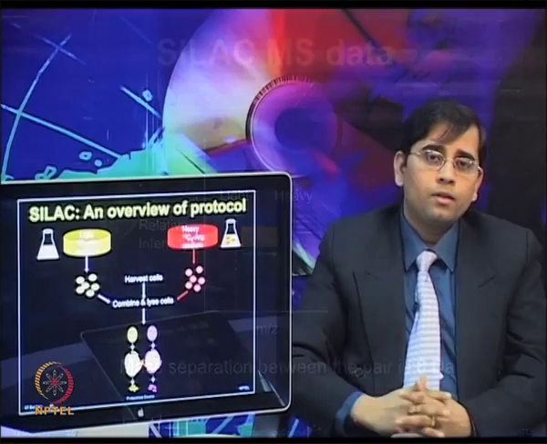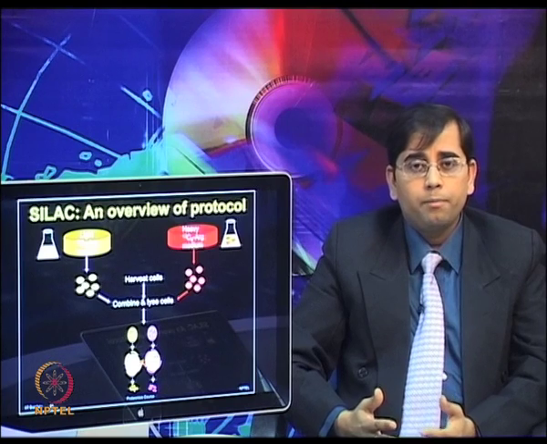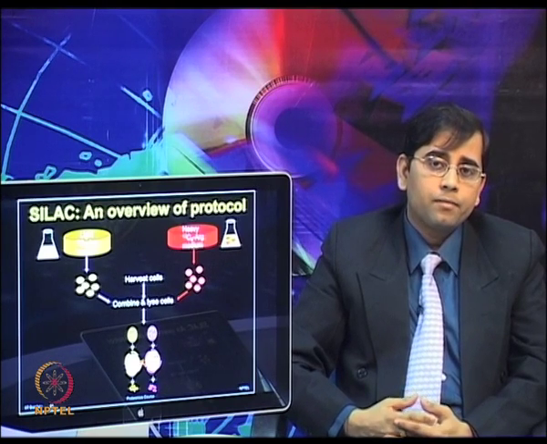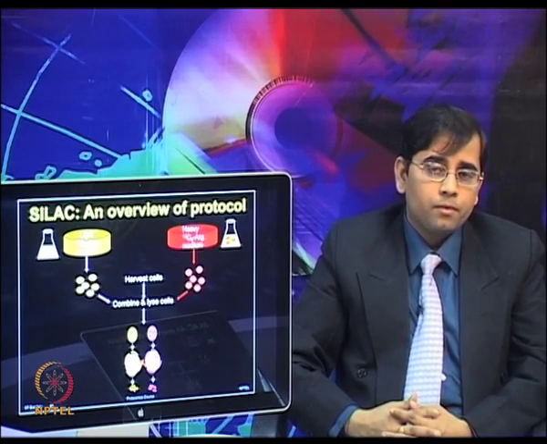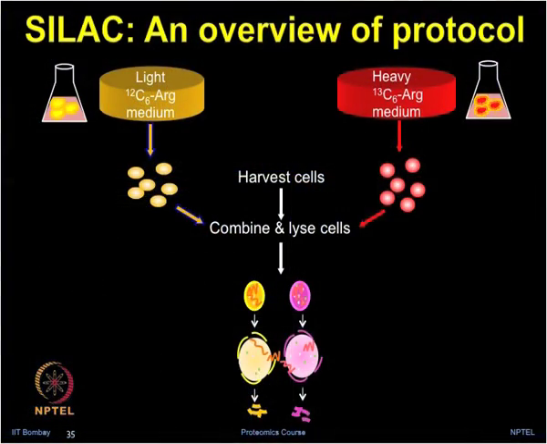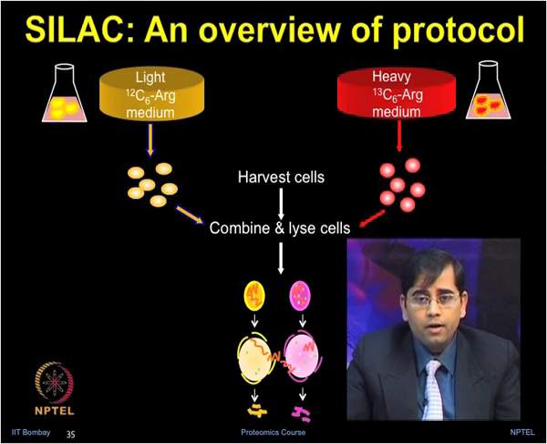So, having discussed the workflow for performing a SILAC experiment, let us have an overview of the protocol. So, in SILAC, two different cell populations can be grown in DMEM media containing 13C6 stable labeled form of arginine in place of normal or light arginine.